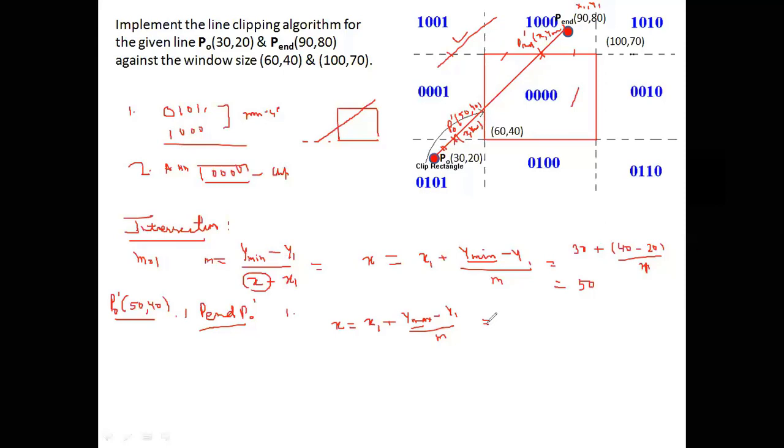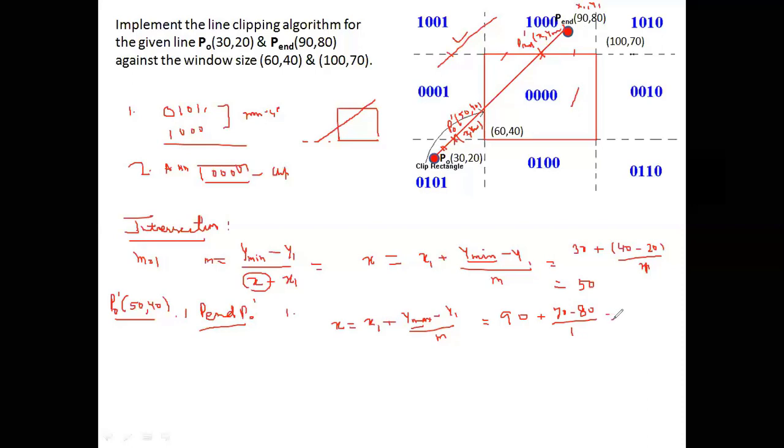Okay, so what will be the value for this case? X1 is 90 plus Y max is 70 minus Y1 which is 80, and M is 1.